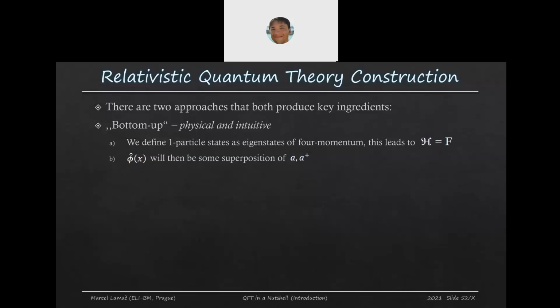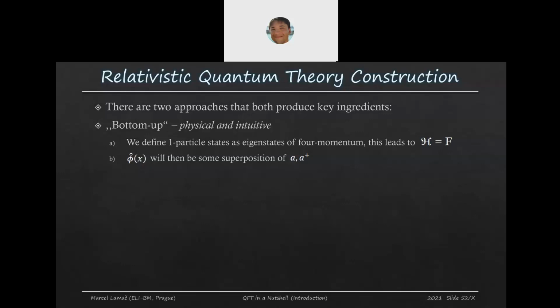The first one is known as the bottom-up construction of quantum field theory. This one is in some sense physical and intuitive, because we define the one particle states. We literally construct the Hilbert space from the definition of one particle states.